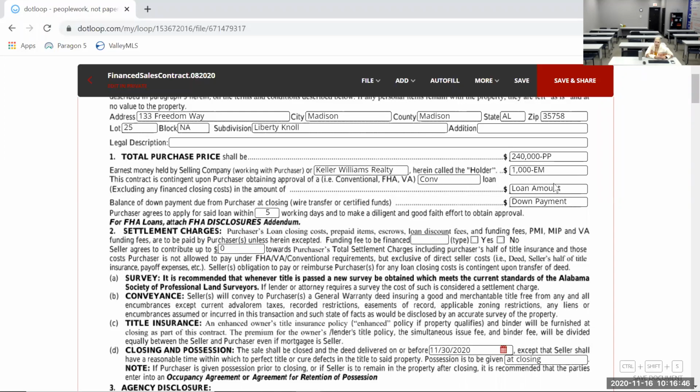But standard is roughly around $1,000 until you get into the higher price ranges. We are seeing a good bit of agents put in the MLS that 1% earnest money is required. So that could be $2,000, $3,000, $4,000, depending on how much the house is. So just keep an eye on that.